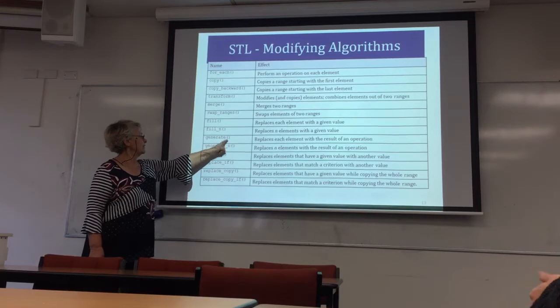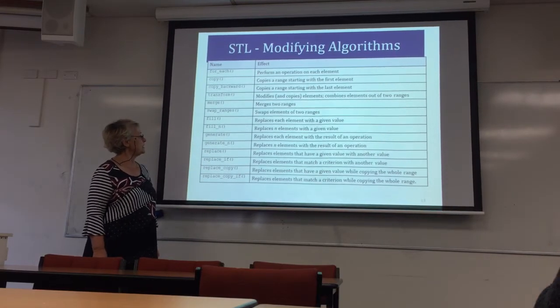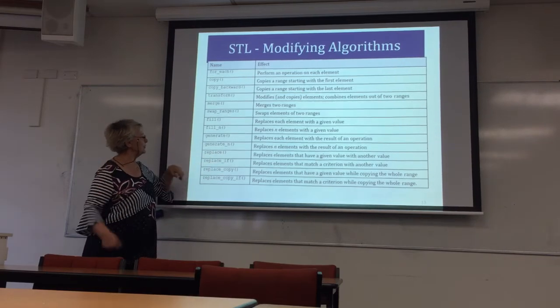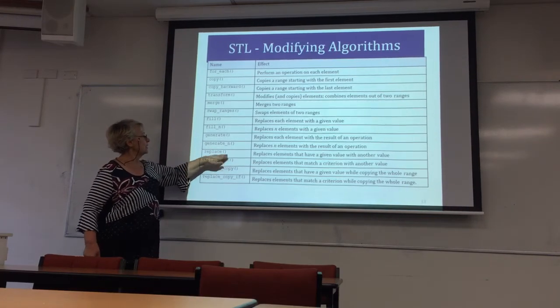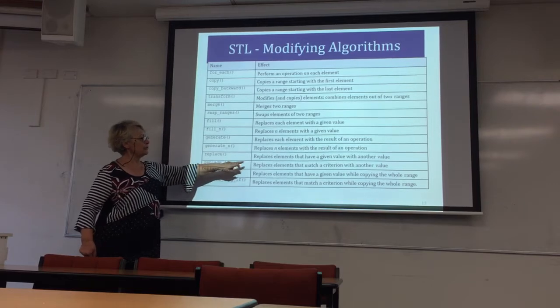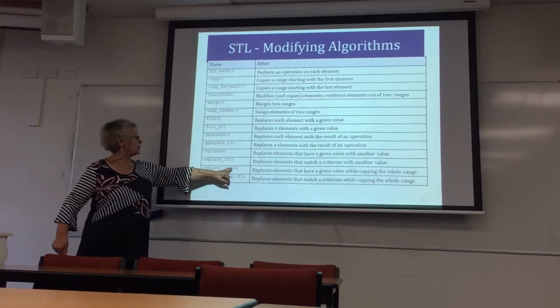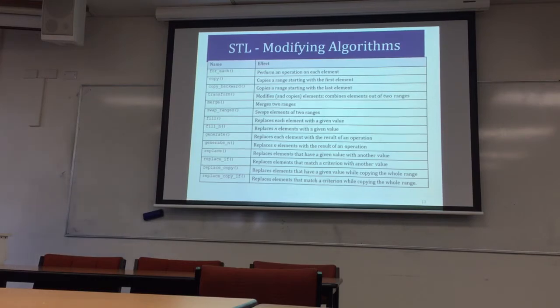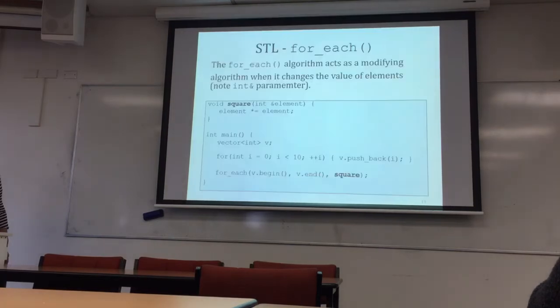You can have some algorithm here. Replace if, again, with some condition, criteria is used. Copy if. These are some common tasks you might have in your problems to solve.